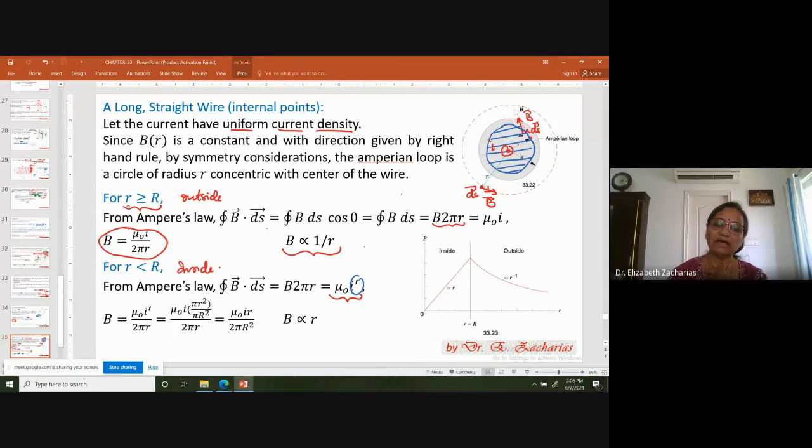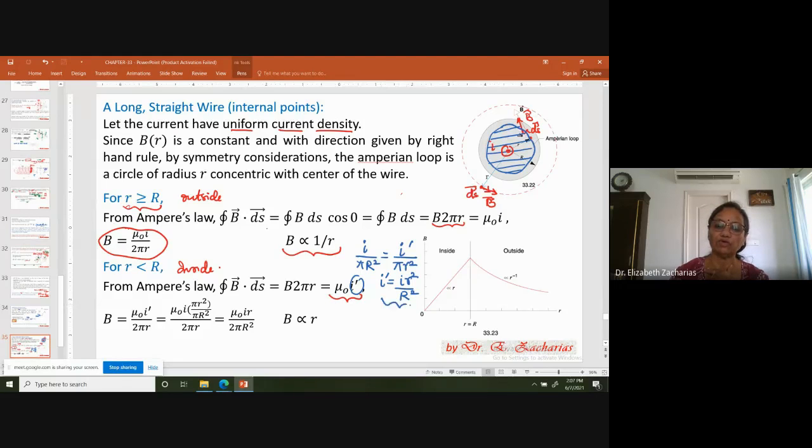You know that a current I is flowing in an area pi capital R square. That is the full current in the full area. And a current I prime is flowing in an area pi small r square. So from here, you can get your I prime as I into, taking pi r square that side, I into small r square by capital R square.